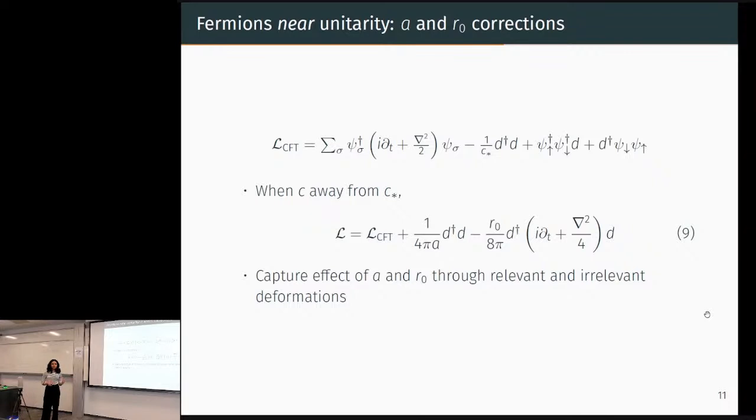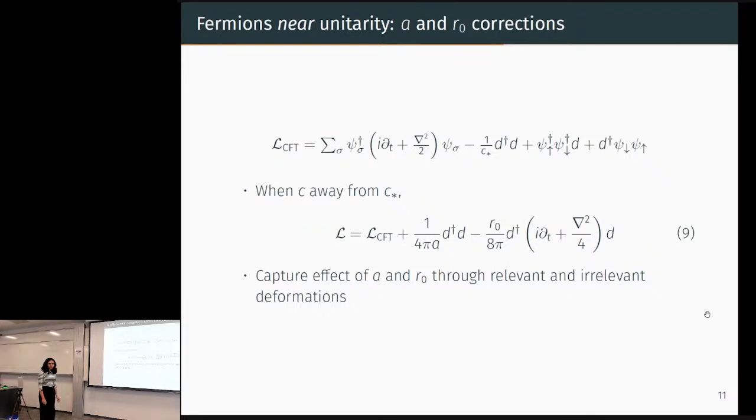It turns out that the only relevant operator that one can add is this d dagger d, and to account for effects of finite interaction range, we can add a bunch of irrelevant operators. The lowest dimension irrelevant operator that one can add is this, and above this there would be a tower of infinitely many irrelevant operators.